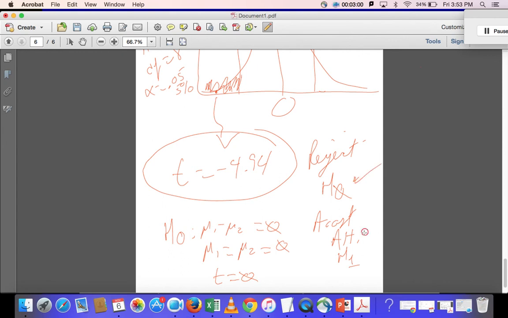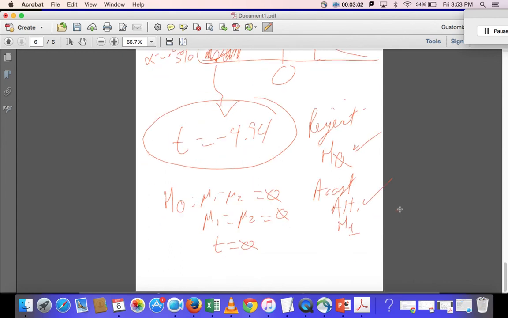I've accepted the alternative hypothesis that there is a significant difference between the two, and now I look at my research hypothesis, because remember, my research hypothesis predicted that smokers would perform lower than non-smokers, and in our particular case, we found that our prediction is supported. And why did we find that our prediction was supported?